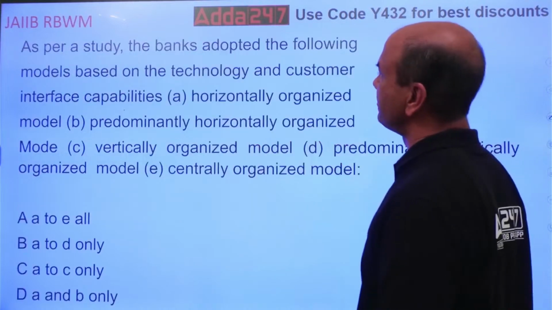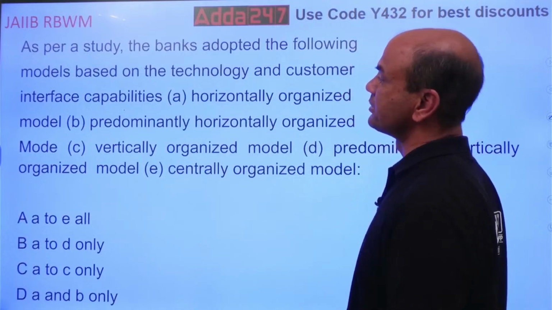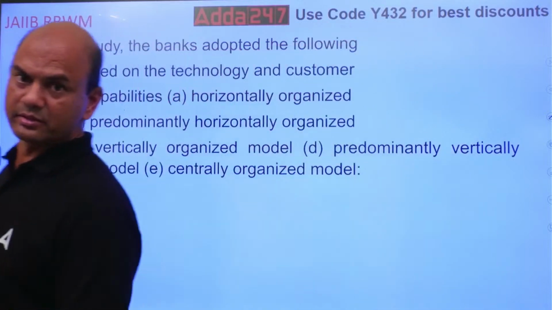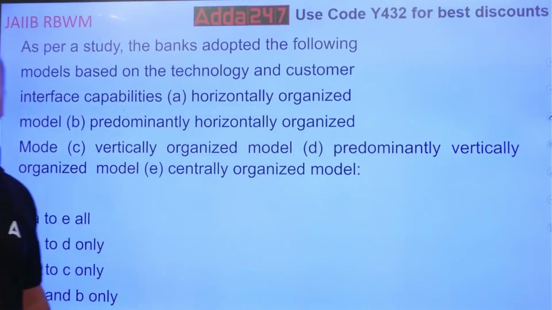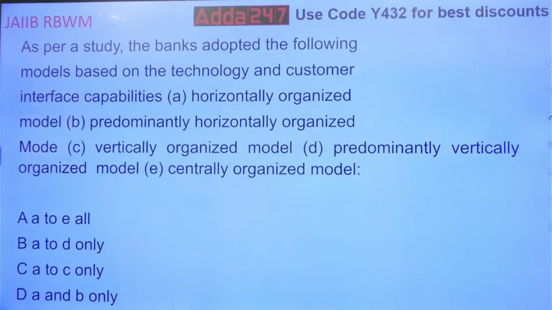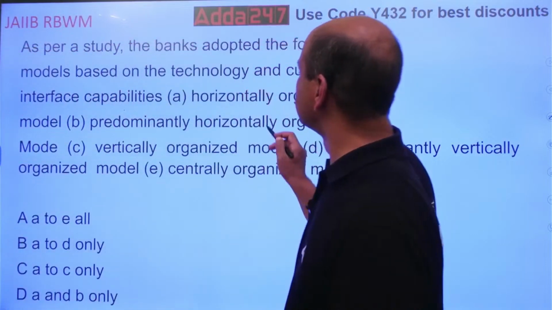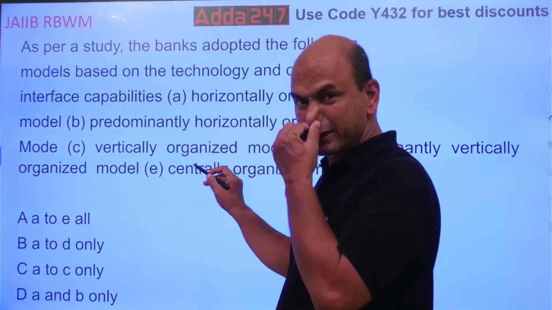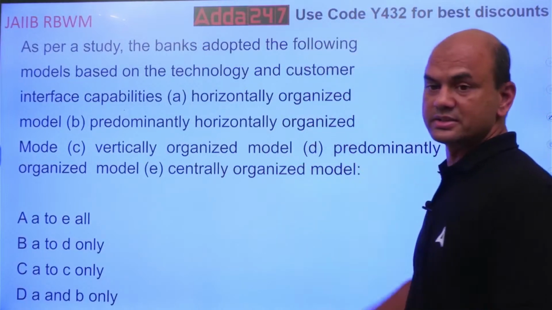As per the study, banks adopted the following models based on technology and customer interface capabilities. Which is the model adopted by the banks? This is known as the delivery model. Check which is the delivery model: horizontally organized, predominantly horizontally organized, vertically organized, predominantly vertically organized, or centrally organized.